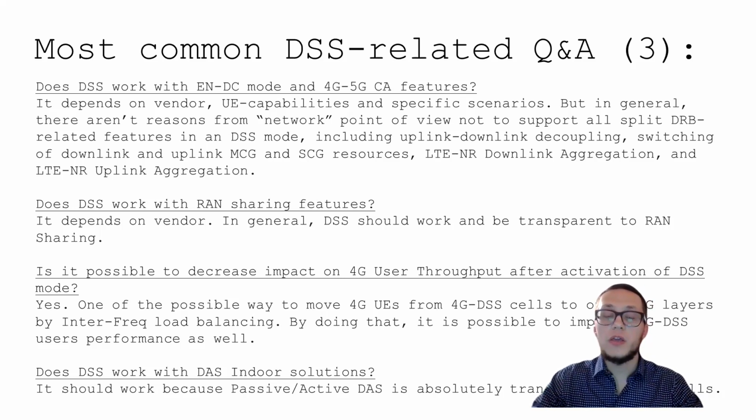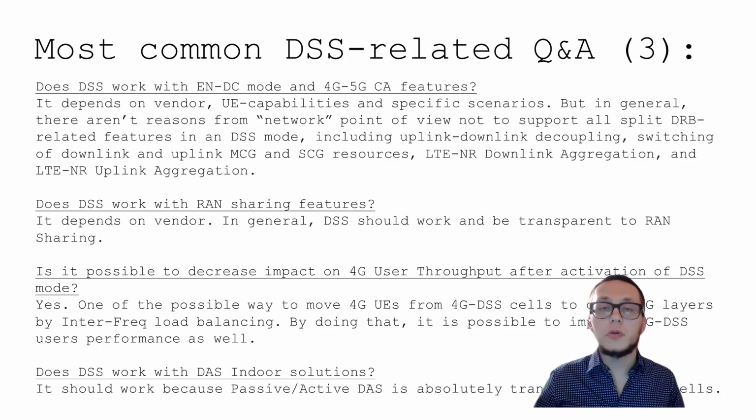One of the possible ways is to try to optimize your network, to try to move 4G users from a DSS capable cell to other possible 4G layers or even other possible radio access technologies. We can do it by interfrequency load balancing.